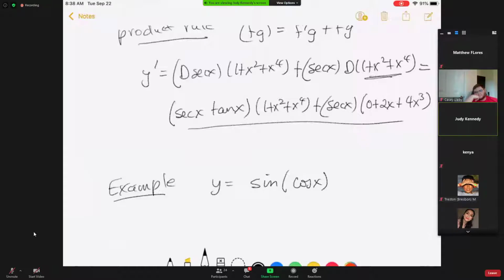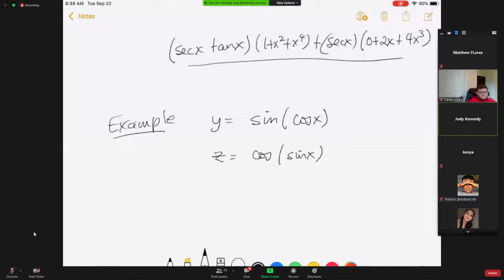And how about another function where I switch the functions. Both of these are compositions of functions, okay? They're compositions of the sine function and the cosine function, but the inside and the outside changed. They got reversed, and it makes a big difference.